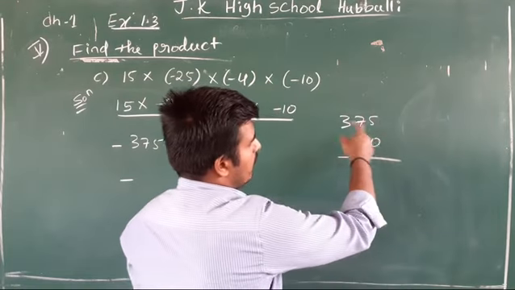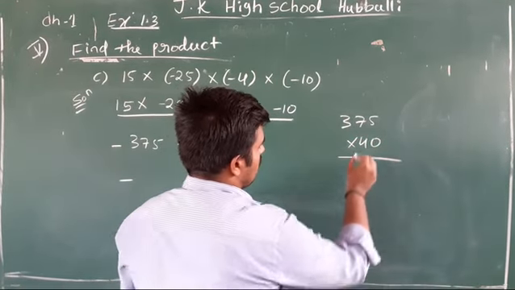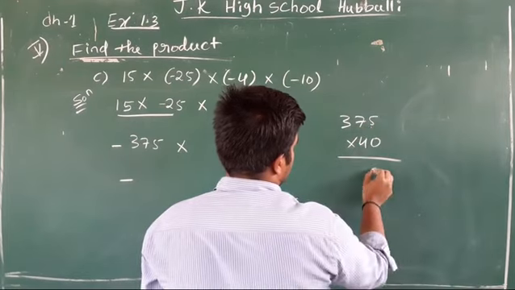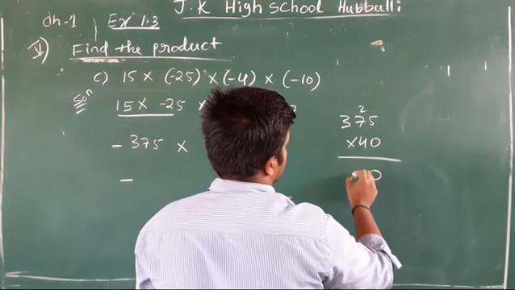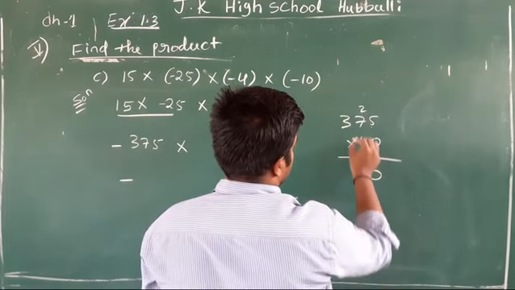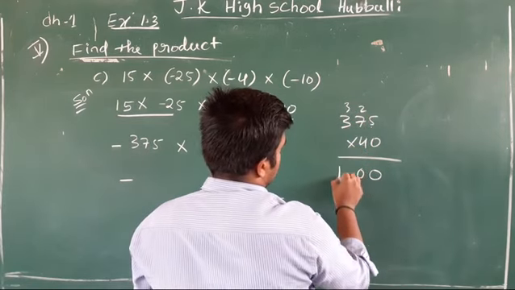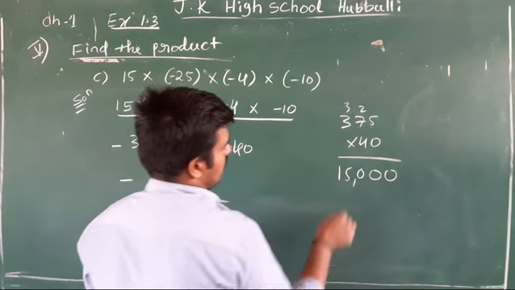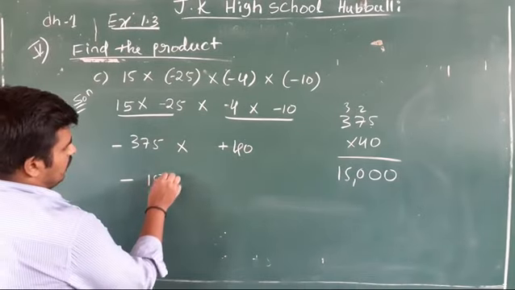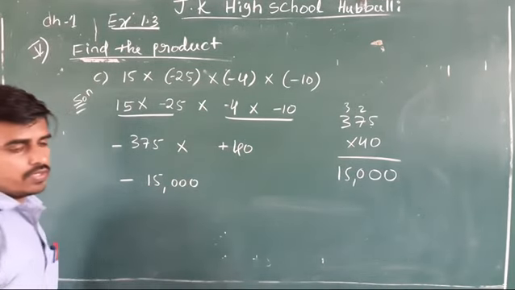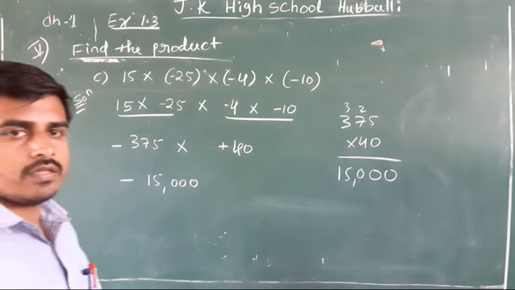No need to multiply this 0 because at the end you will get 0 only. Just multiply 375 by 4, that is 1500, and add the 0. So the answer is minus 15,000.